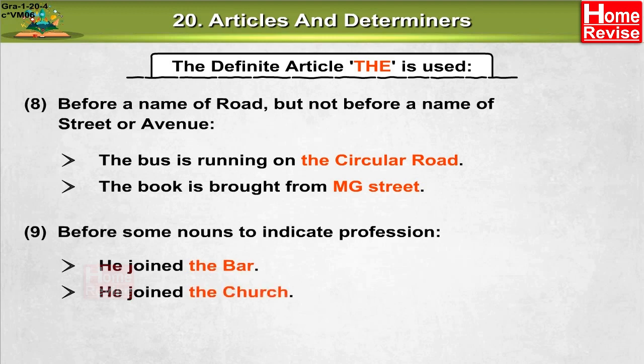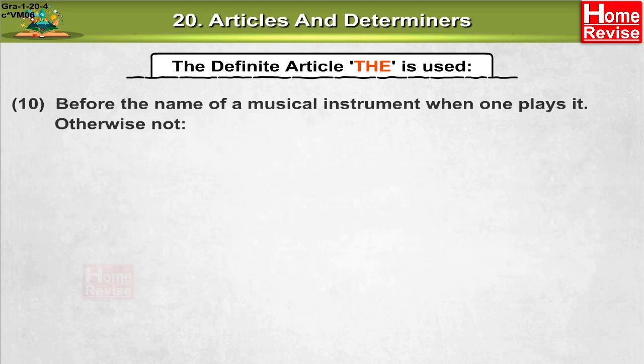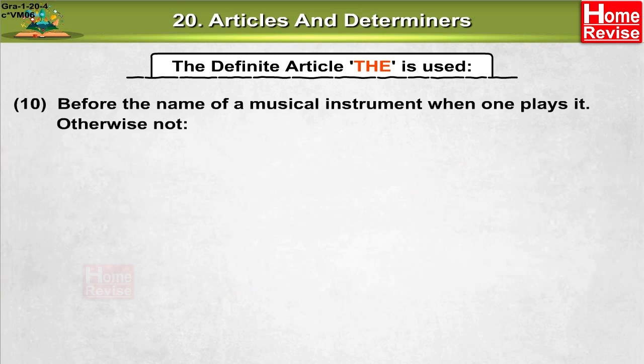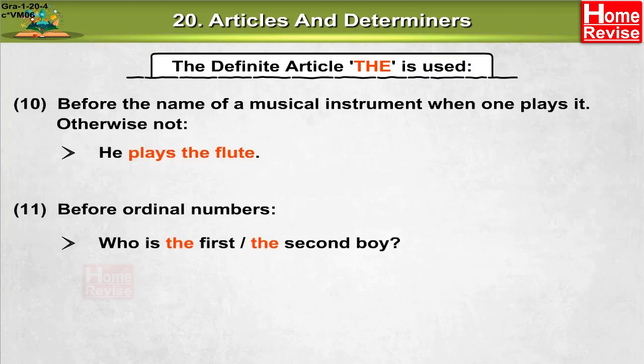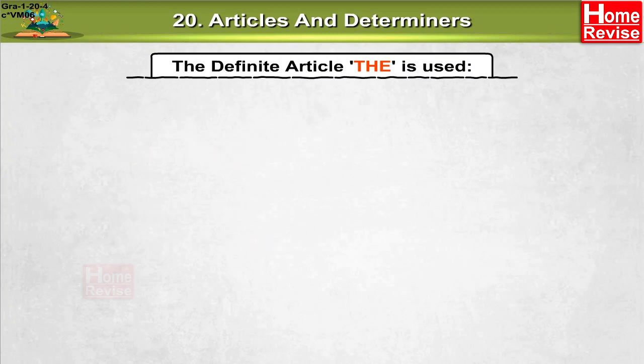He joined the church. 10. Before the name of a musical instrument when one plays it, otherwise not. He plays the flute. 11. Before ordinal numbers. Who is the first or the second boy?